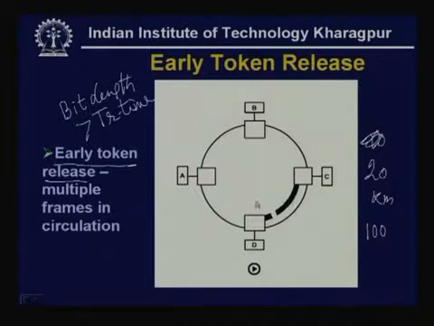So, you can see there is a possibility of having multiple frames in the ring simultaneously. That is what is supported by FDDI. In FDDI there is early token release, that means immediately after the transmission of the frame a token is released, and as a consequence multiple frames can be simultaneously present in the ring.